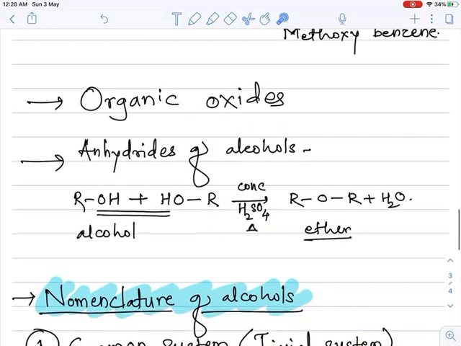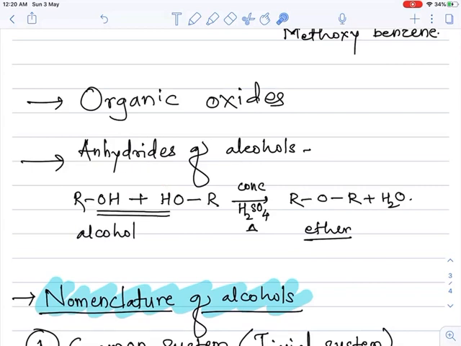Now these ethers are generally also considered as anhydrides of alcohols. Why are these ethers called anhydrides of alcohols? To explain, if we take two molecules of alcohol, ROH, combined with another molecule of alcohol, that is ROH, the two molecules of alcohol combine by the removal of a water molecule.